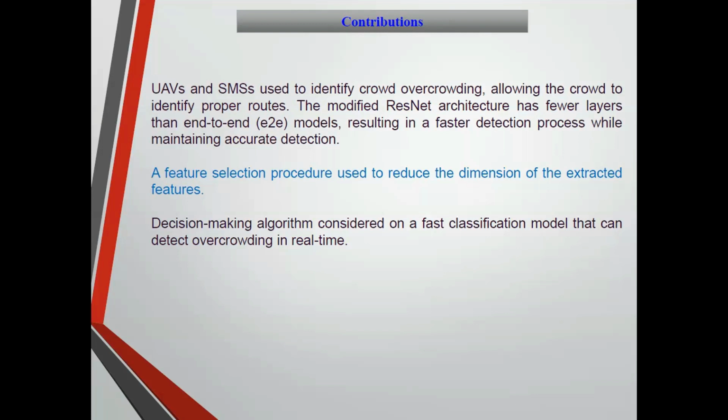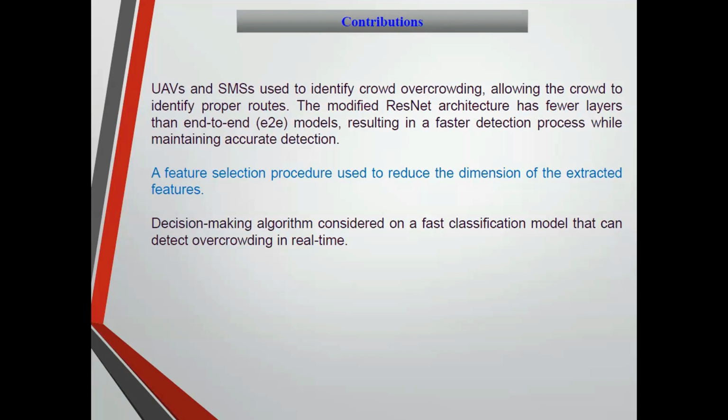Number one, we are extracting the information from the ground UAV, considering the deep transfer learning scheme. Because of that, our input side has a large volume of features. And number three, we have considered getting fast classification and definitely detecting the overcrowding in real time.